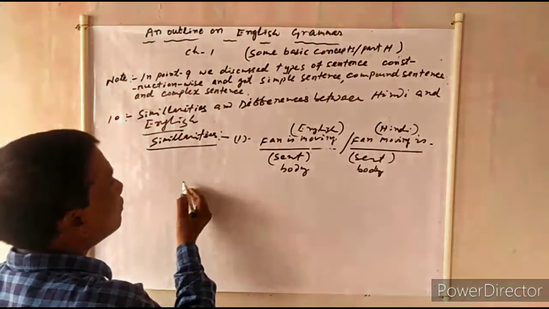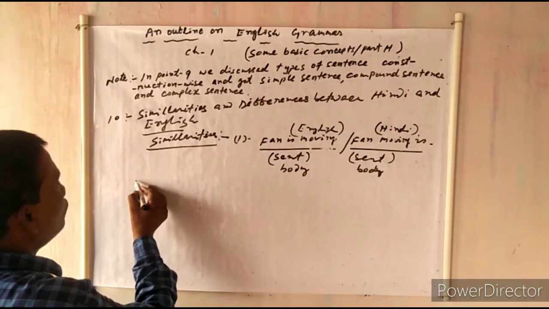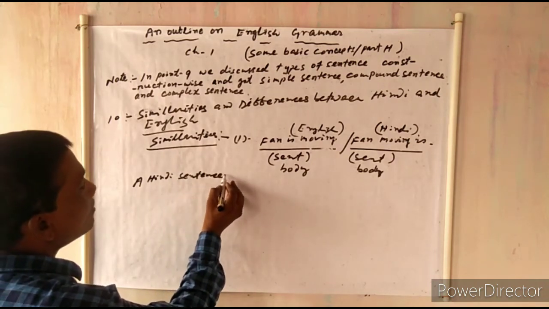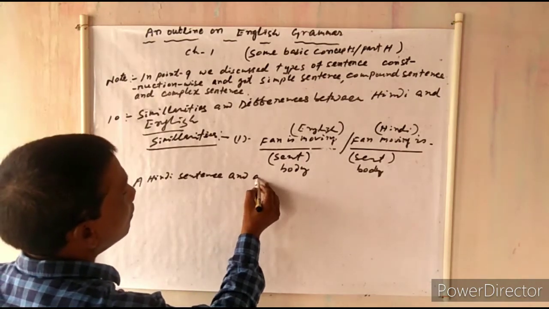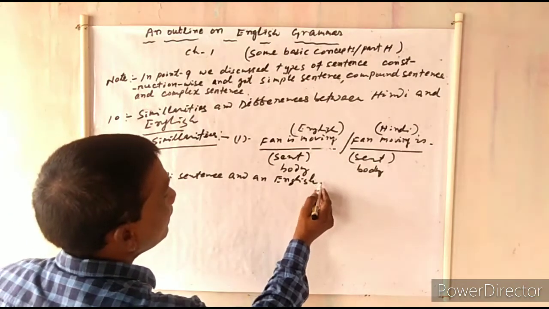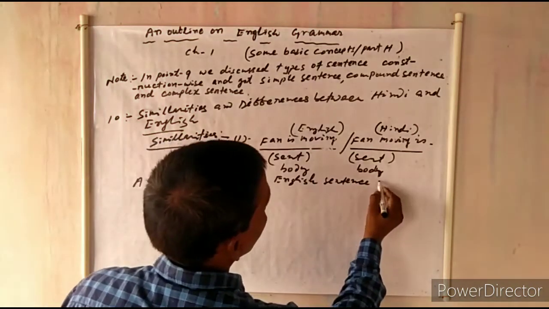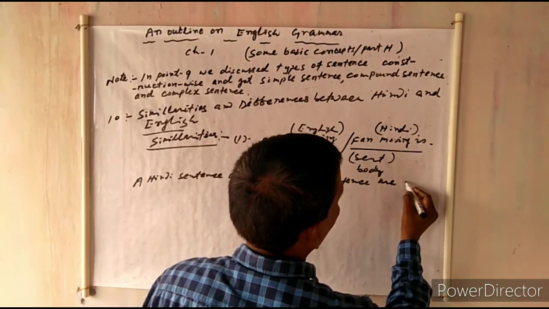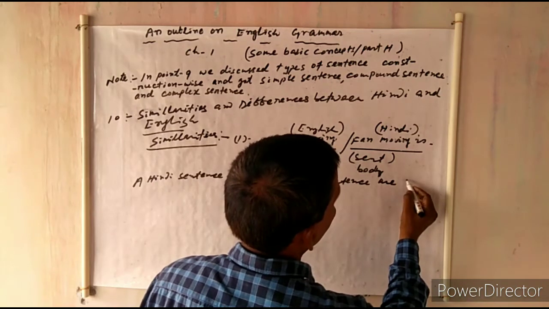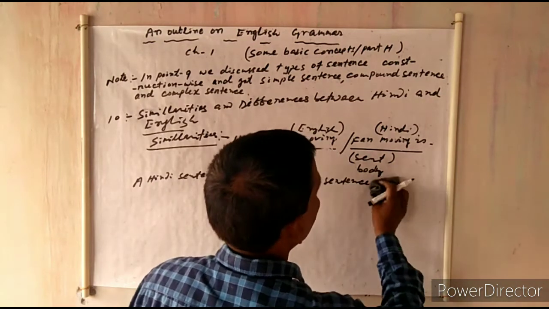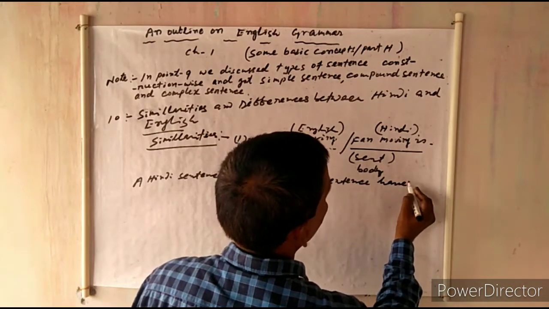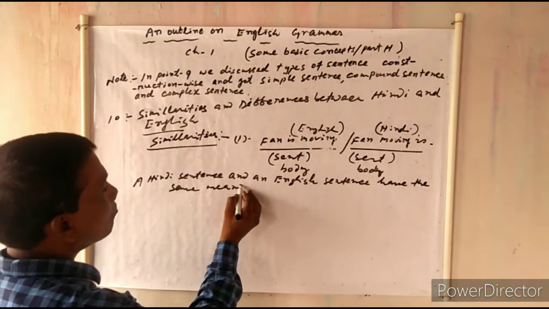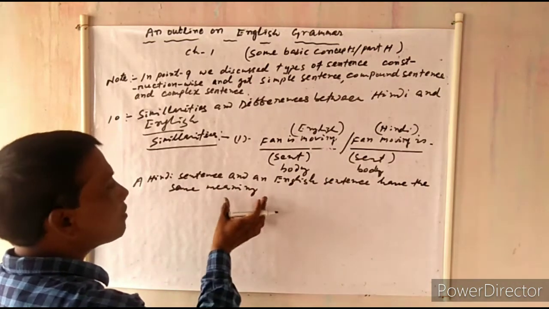That is, point number one, we got a Hindi sentence and an English sentence have the same meaning. एक हिंदी का वाक्य और एक इंग्लिश का वाक्य अर्थ के हिसाब से समान होते हैं.